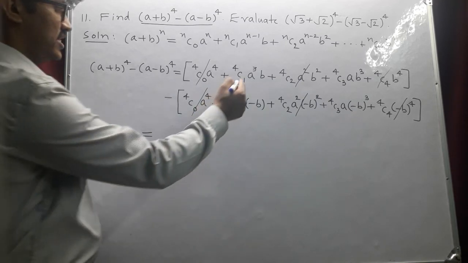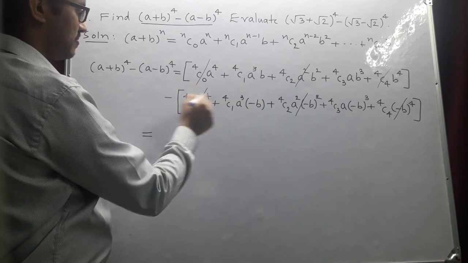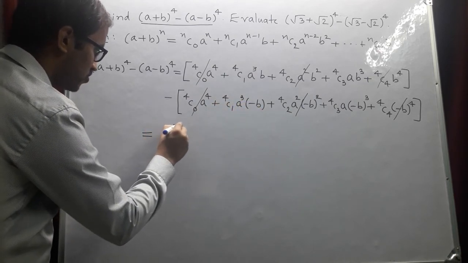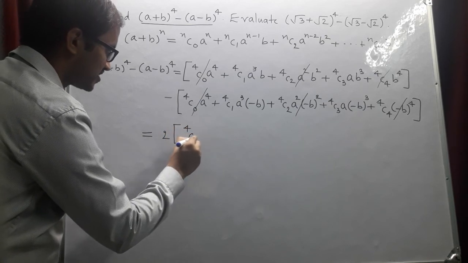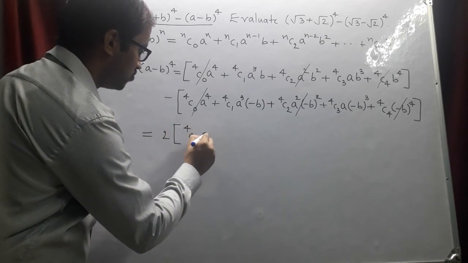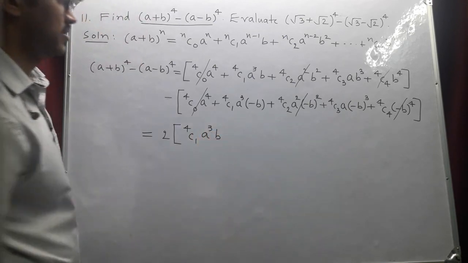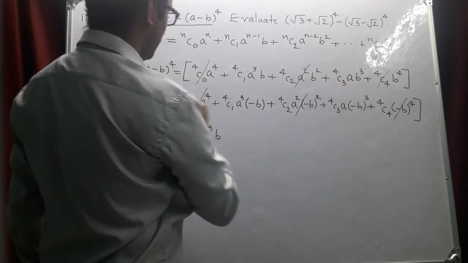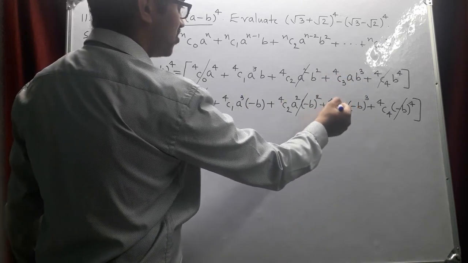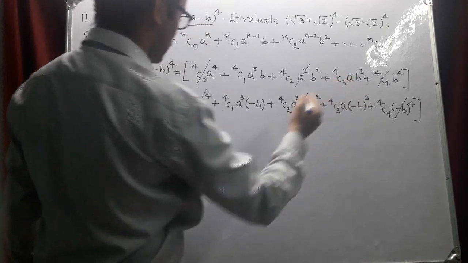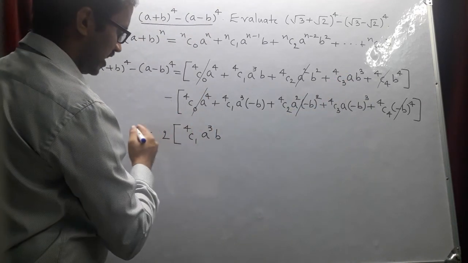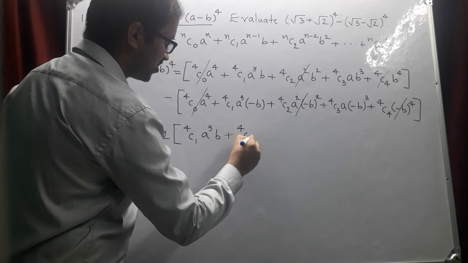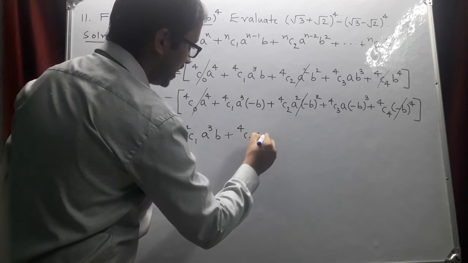So what we can write, see here, 4c1 a cube b minus minus plus 4c1 a cube b, so I can write it as 2 times 4c1 a cube b. Similarly here 4c3 a b cube, minus into minus is plus 4c3 a b cube. So that is 2 times, I have already taken 2 outside, plus 4c3 a b cube.